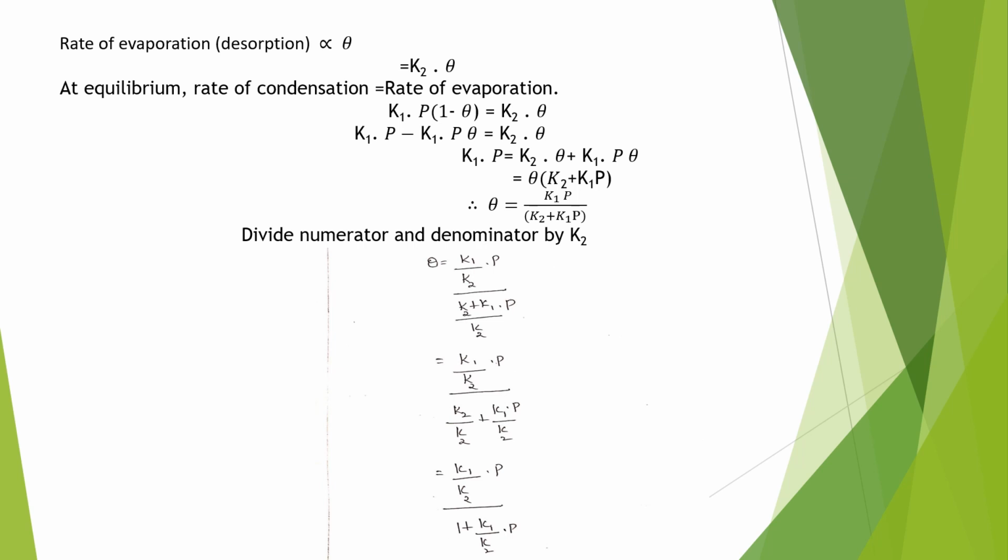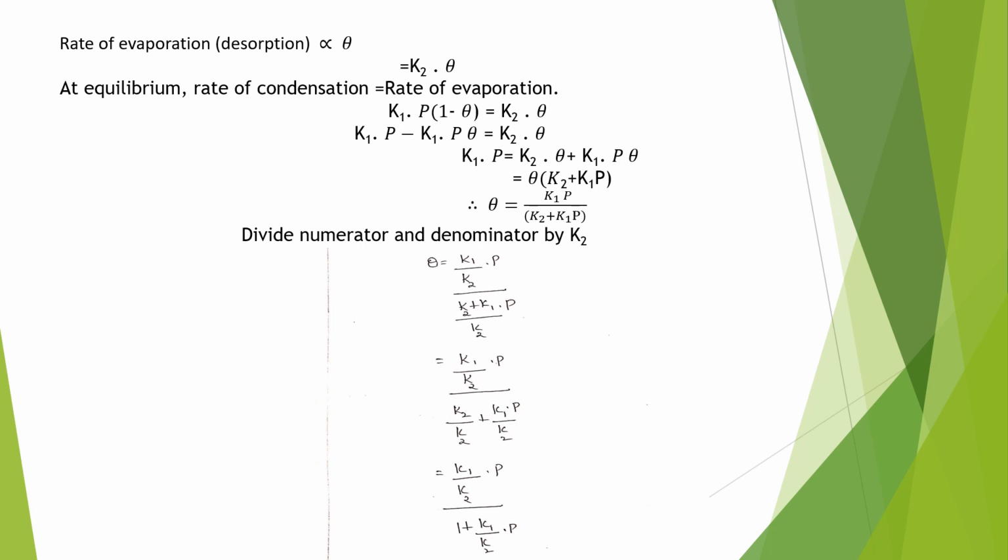So therefore, theta is equal to, left side what is there? K1P divided by (K2 plus K1 into P). Now, dividing the numerator and denominator by K2, we get theta is equal to (K1 by K2 into P) divided by (K2 plus K1 by K2 into P).